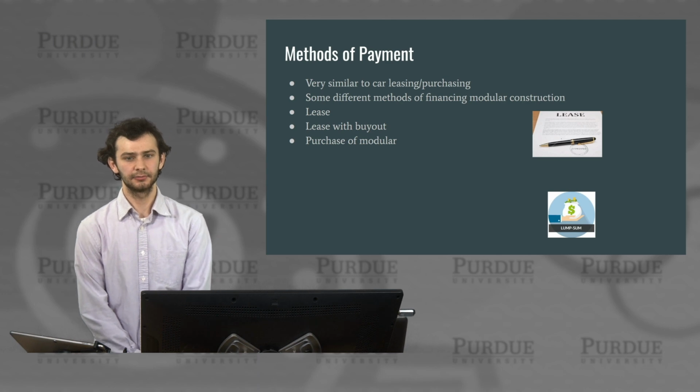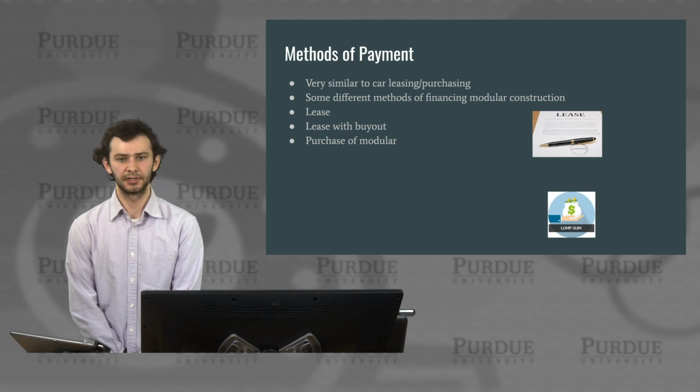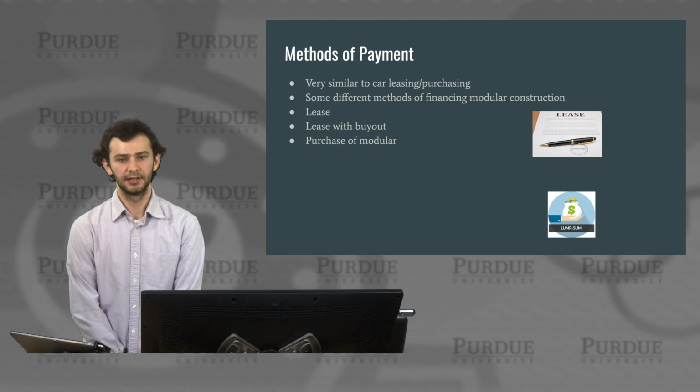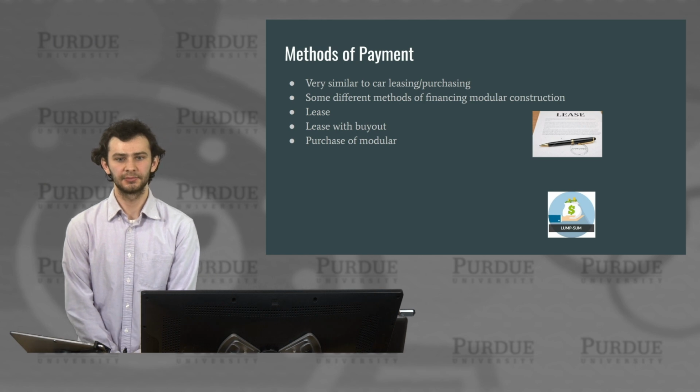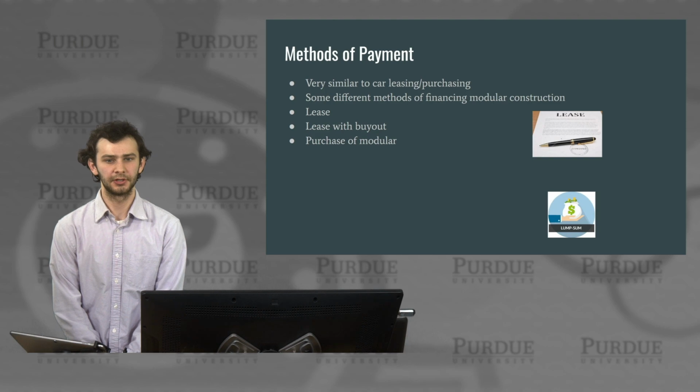The second one will be lease with buyout, and this one you'll be paying monthly payments, and then you'll be doing a buyout at the end to own the modular entirely. And the third will be the purchase of the modular, and that will be a lump sum price and one payment for sole ownership of the modular.